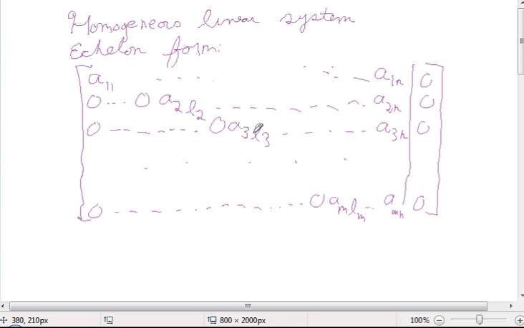But L3 is defined so that this entry is non-zero. Okay, and then I have some number of other entries. These could be 0 or non-zero. It doesn't matter to me. And then I come to the last entry here. So I continue this pattern to express all of the rows of my matrix in echelon form. And this is the form that is going to be used in the proof.